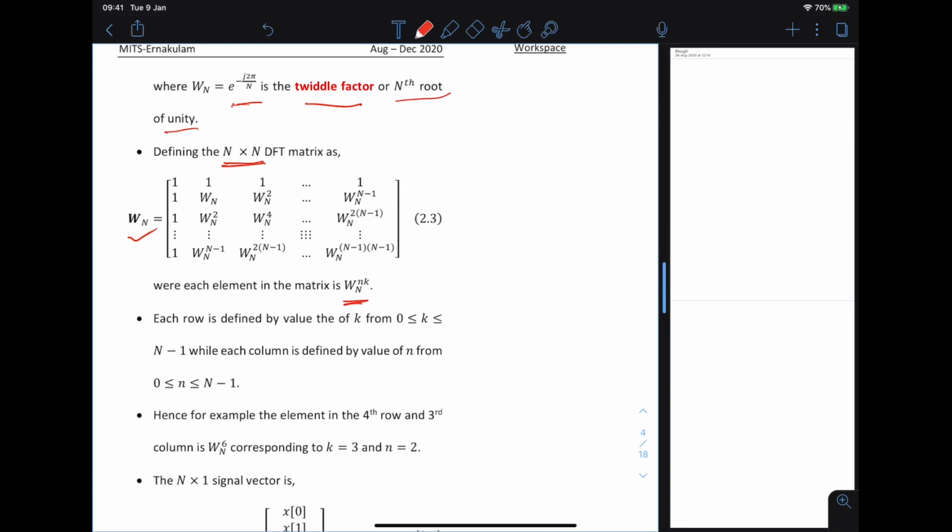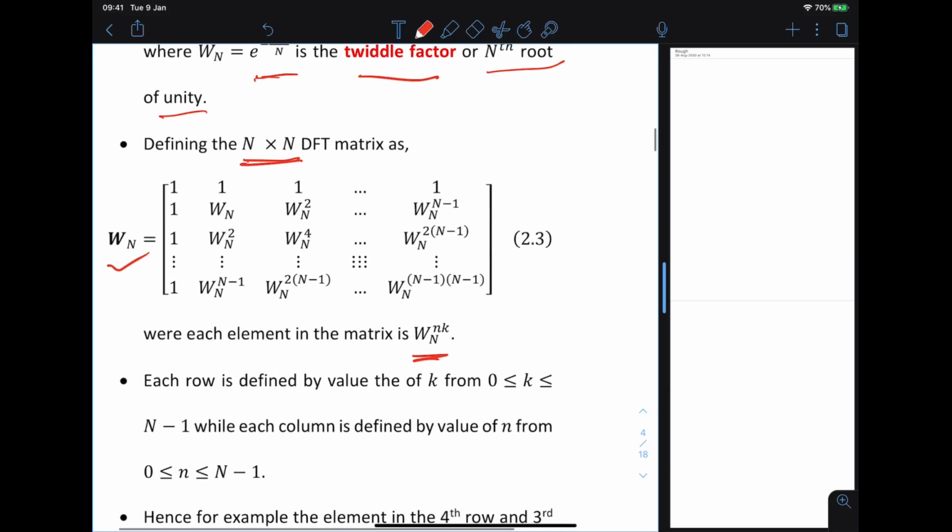So how do you find the element? It is not represented explicitly here, but here I'll write for understanding. I'll just write on top n equal to 0, n equal to 1, 2, n equal to n minus 1. Similarly, this side I'll write k equal to 0, k equal to 1, to k equal to n minus 1.